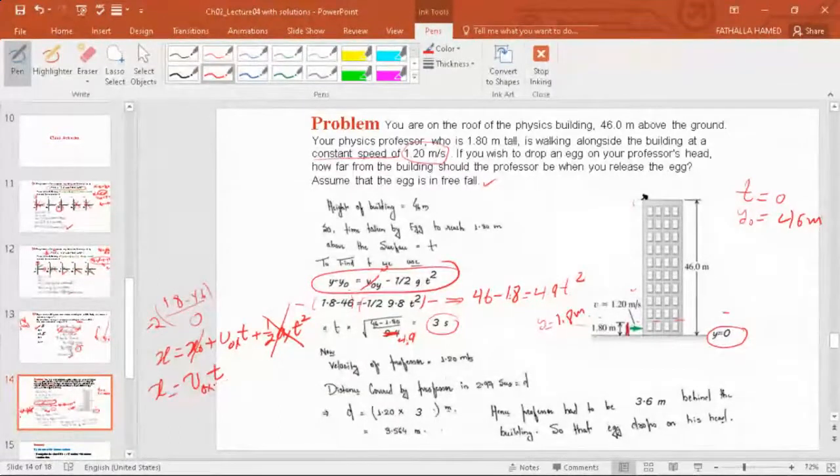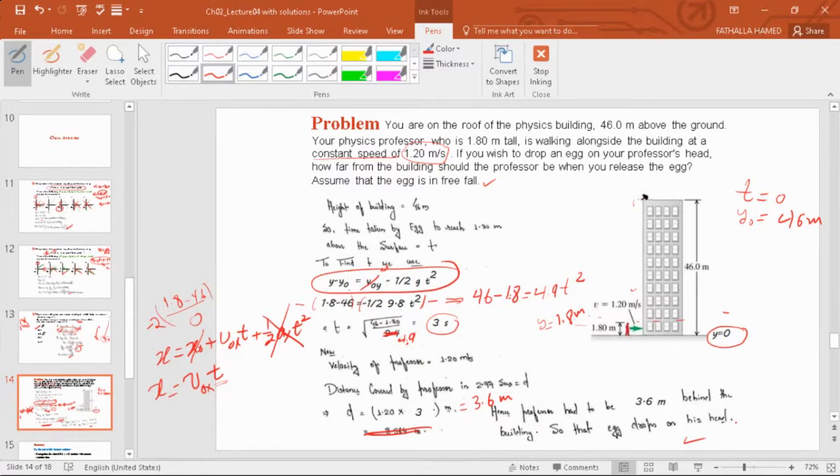So if you put the time of 3 seconds here, that will give you a distance of 3.6 meters. If you do it carefully, you may get something a little bit smaller, but roughly speaking, we say 3.6 meters here. So if you drop the egg when the professor is 3.6 meters away, when he gets to the door of the building, the egg will be on top of his head.